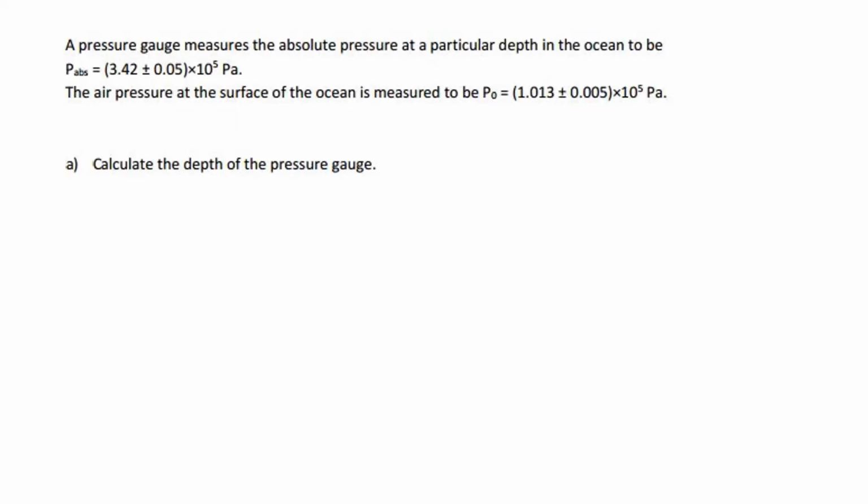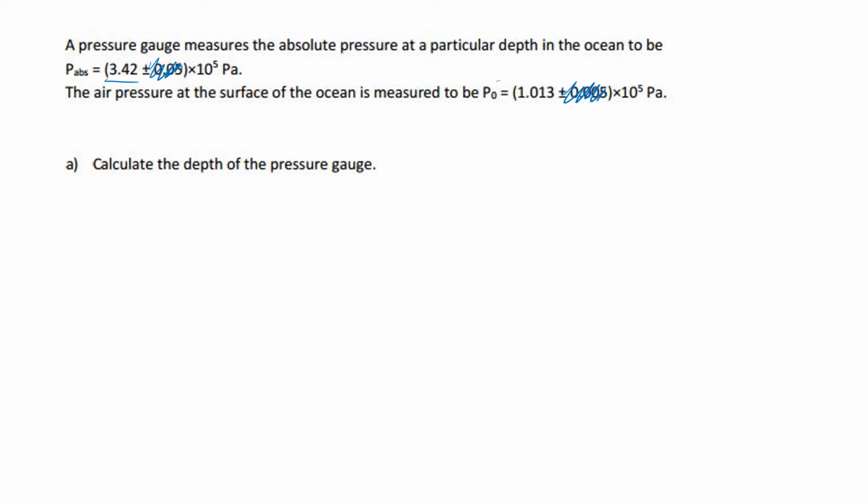Okay. Here's another one. If you want, you can try this one out. Just pause the video. We'll give you a head start here. A pressure gauge measures absolute pressure to be 3.42 times 10 to the 5 pascals. I took out some of the other parts of this because not important. Calculate the depth.